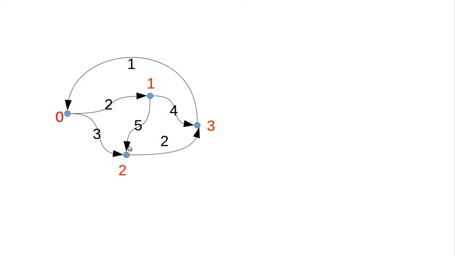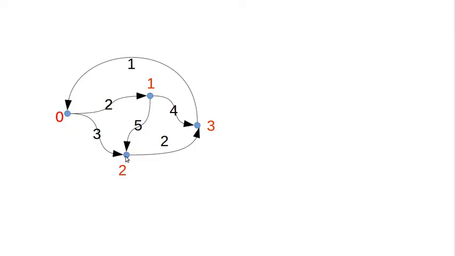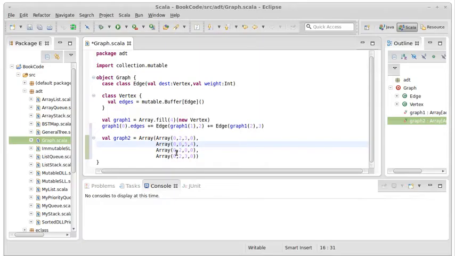So vertex 1 leads to 2 and 3 with weights of 5 and 4 respectively. So 5, 4. It does not go back to 0 and it does not lead to itself. Vertex 2 only has one outgoing edge. It goes to 3 with a weight of 2.